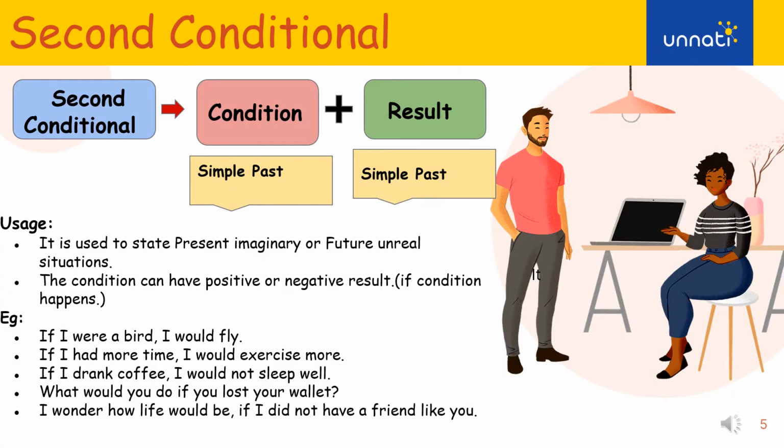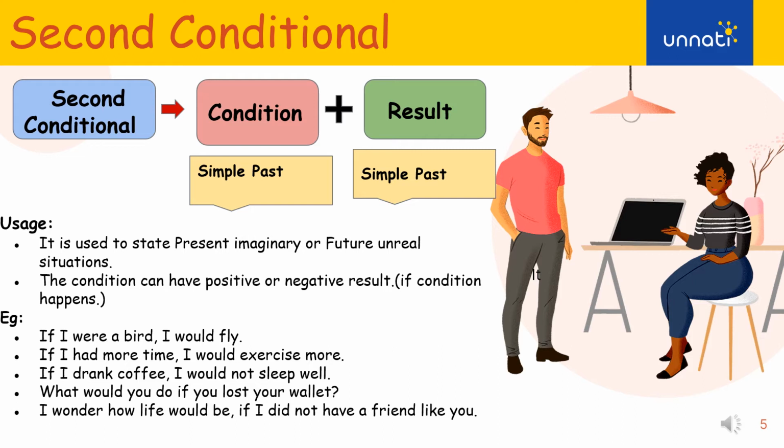Okay, so here we're going to cover the second conditional sentence in detail. In second conditional sentence, the condition is in simple past tense and the result is also stated in simple past tense. So in other words, the entire sentence is in simple past tense.